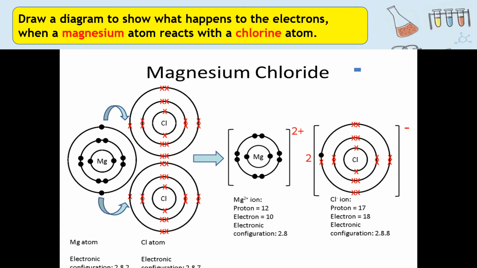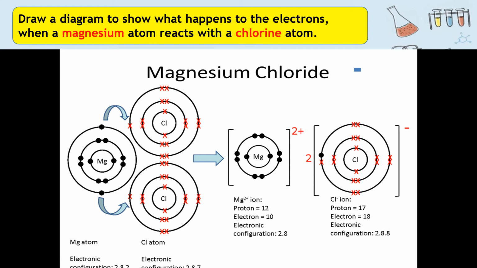For the chlorine atom, chlorine has 17 protons and 18 neutrons, and the electronic configuration of chlorine is 2, 8, 7. Therefore, we need 2 chlorine atoms to be able to transfer the 2 valence electrons of magnesium. 1 valence electron of the magnesium atom will be transferred to 1 chlorine atom, and another to the other.